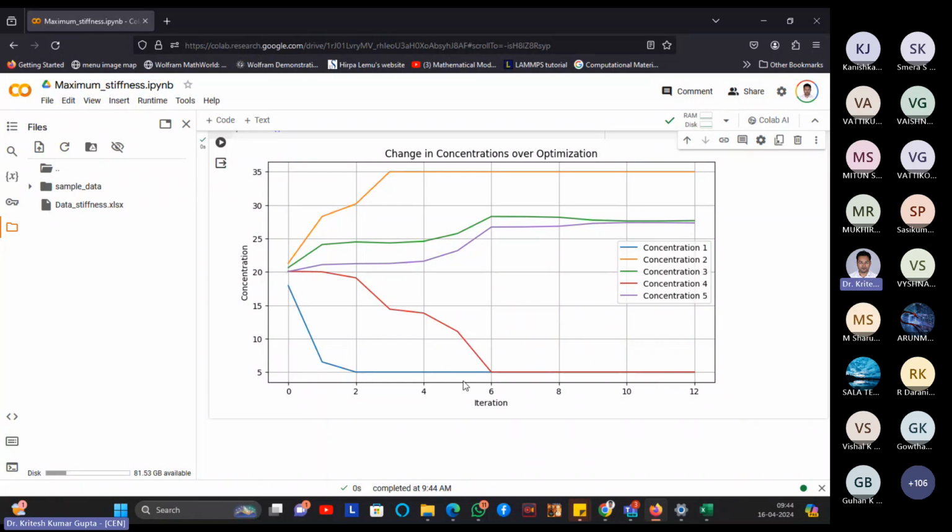As you can see, it is varying. At last we are getting some convergence in concentration 1, 2, 3, 4, and 5. At the 12th iteration, you will find that these are the converged concentrations of the individual features.